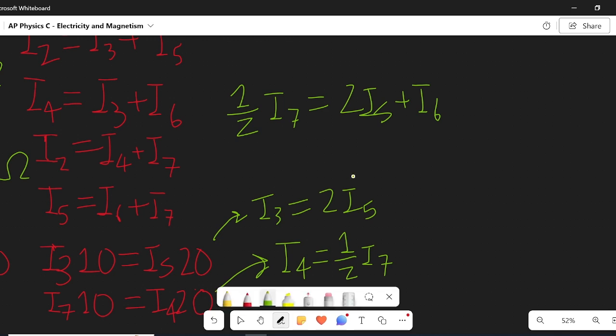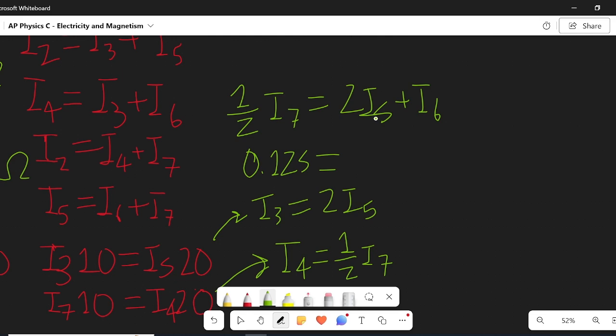So we'll get that this will be 1.25 amp, and this we get by plugging in that 10 from the other equation. We'll get that 0.125 equals 2 times I5.